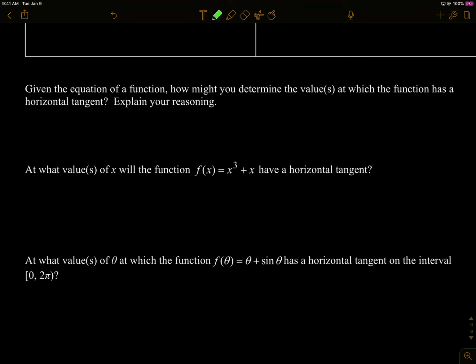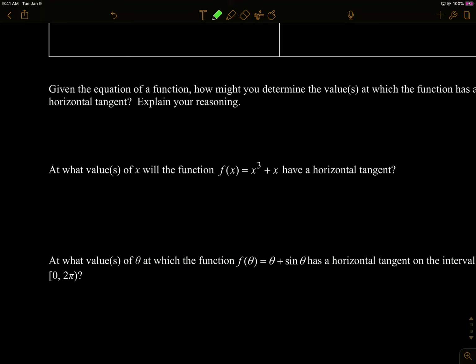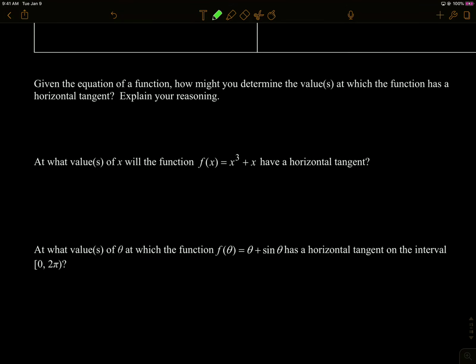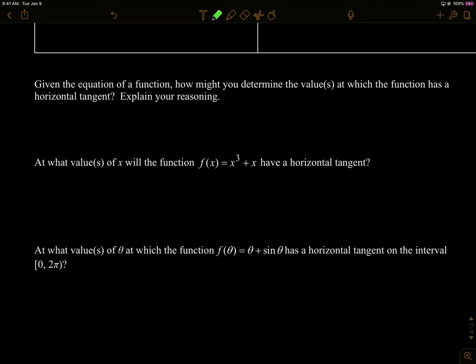All right, let's move on here. Okay, so now we're going to tie this in with some other stuff that we were learning about. So if you're given the equation of a function, how might you determine the values at which the function has a horizontal tangent? So a horizontal tangent, remember that means that f prime of x equals 0.